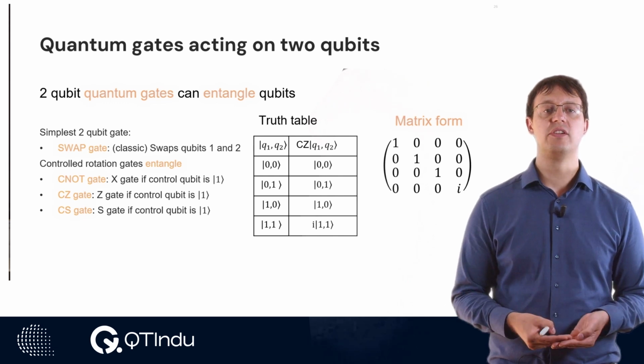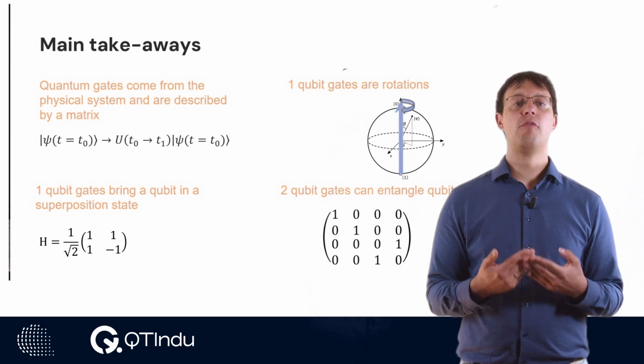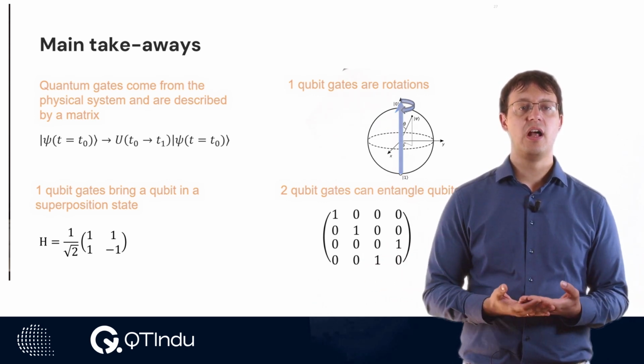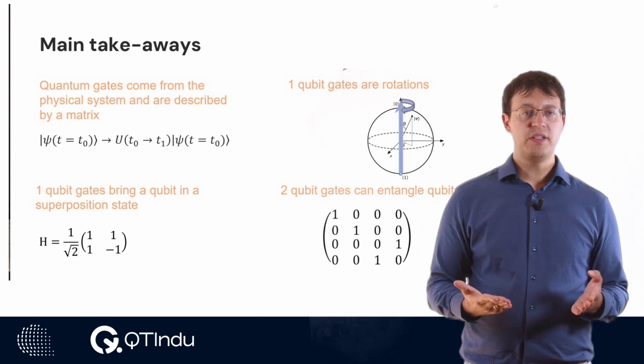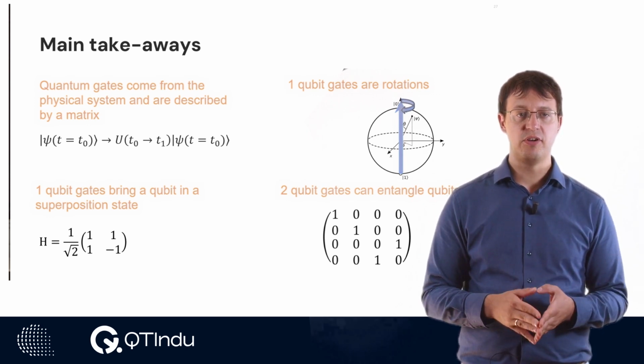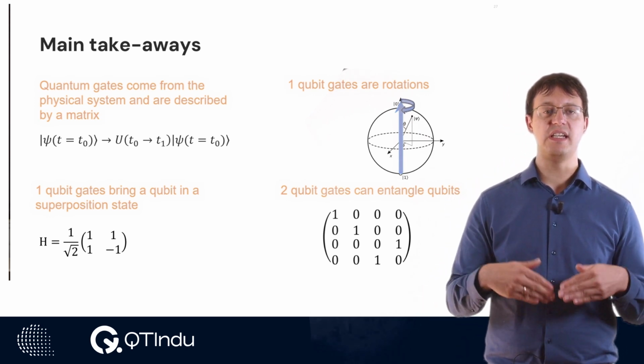In this lecture, you should have learned four concepts. The main takeaways of this lecture are: quantum gates come from the physical system and are described by a matrix. The size depends on how many qubits it acts on.